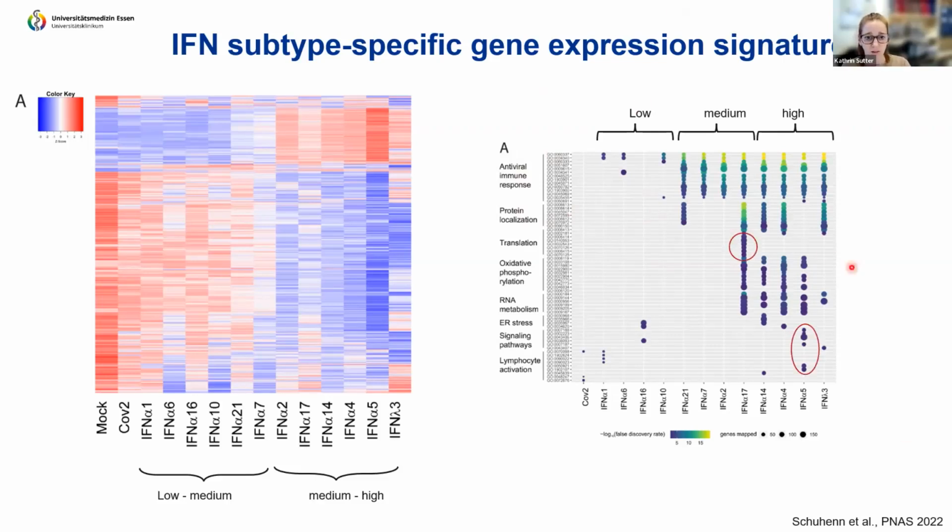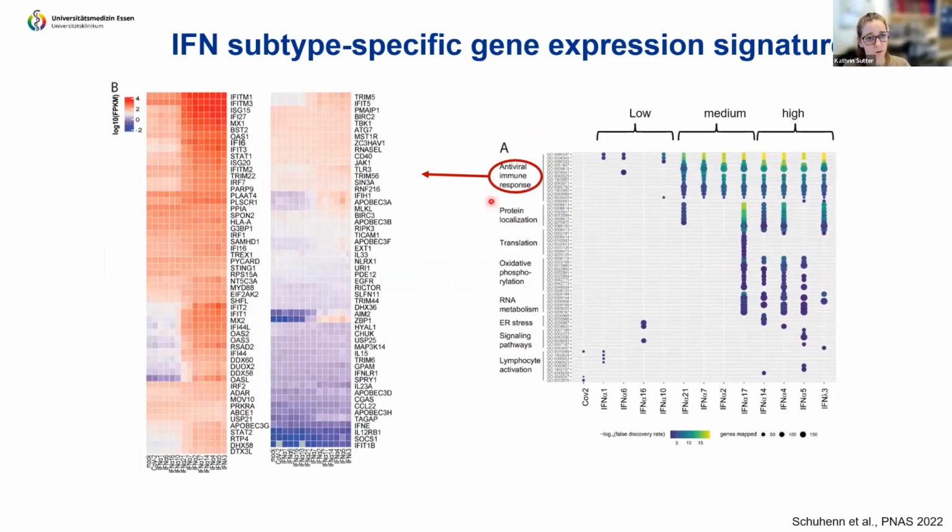And what you see is that especially those genes here which are high antiviral, you see there are a lot of dots here, indicating that a lot of genes are expressed, and you also find genes which are not expressed like in the other groups here. Like here for alpha-5, we see genes which are important for signaling pathways or lymphocyte activation.